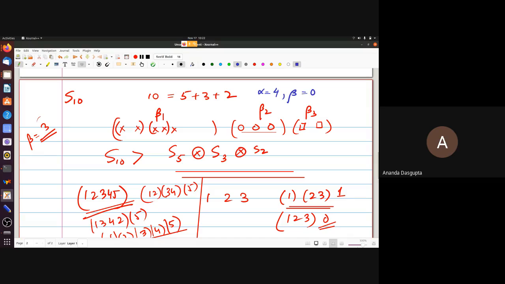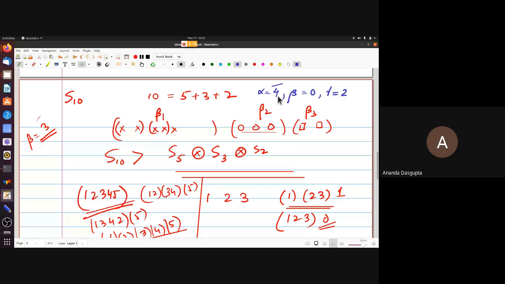Let's say beta equals 0 and gamma equals 2. Let's check whether that makes up 10 elements. It does, right? Alpha equals 4 is 4 elements. This is 0, of course. This is 2 times 3, that's 6 elements. So this is a possible cycle structure representing a particular class in S10.